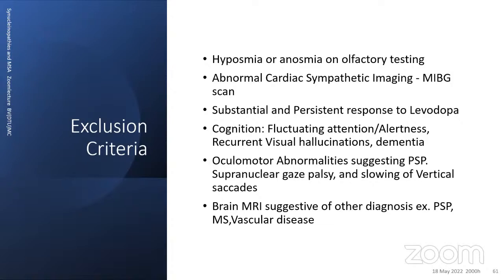So if there is a doubt of dementia, then rule out. Oculomotor abnormalities suggesting PSP, supranuclear gaze palsy and slowing of vertical saccades. Brain MRI features suggestive of other diagnoses like PSP, MS, and vascular disease. So all these should be absent for the definite diagnosis of MSA. So as per the new diagnostic criteria, this is a must.